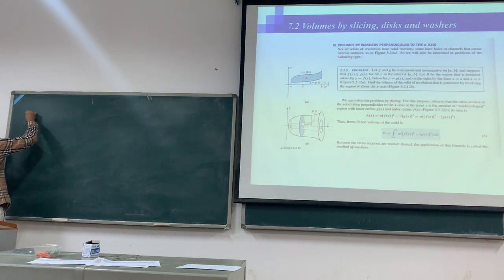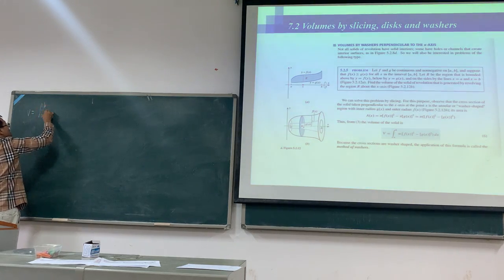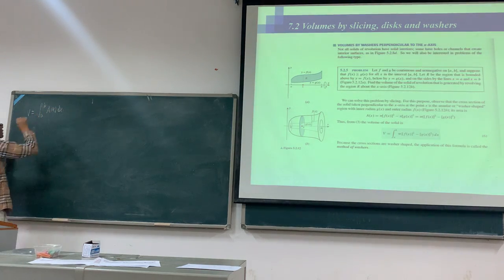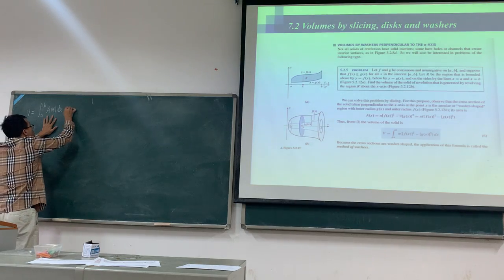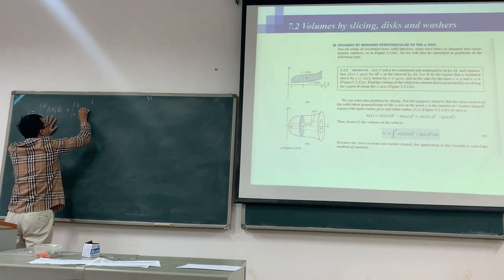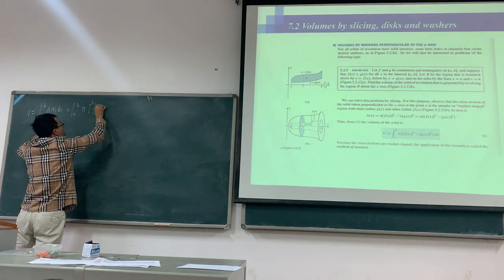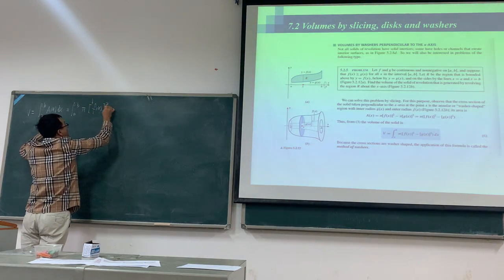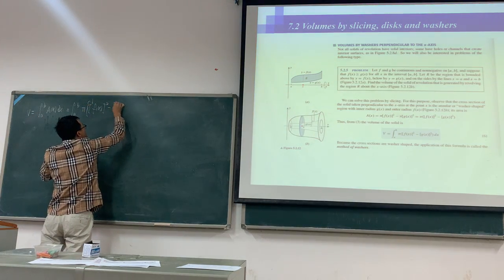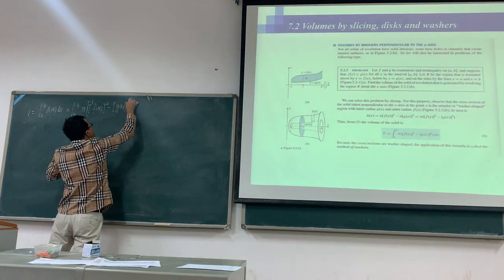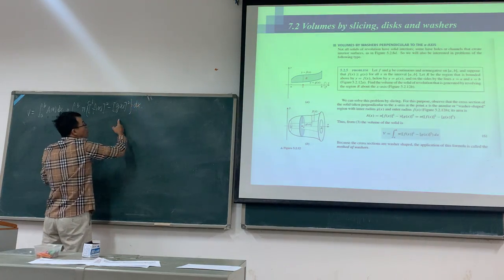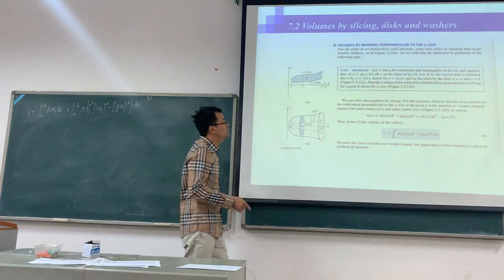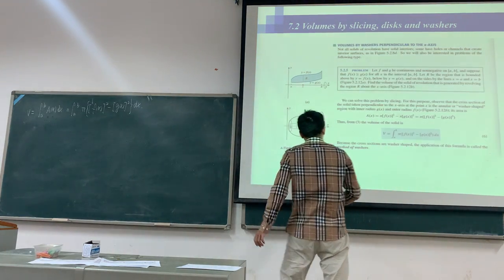Here A(x) equals pi f(x) squared minus g(x) squared. So this is the formula, and here we use this formula.